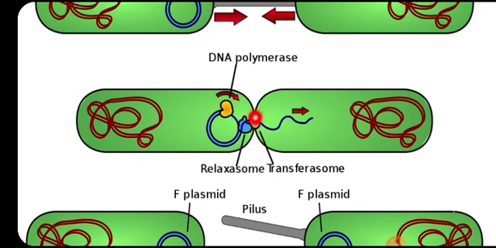After coming closer, at a particular point the cell wall envelope dissolves and it leads to formation of a conjugation bridge. Now one strand of this double stranded DNA enters through this conjugation bridge into the cytoplasm of the recipient cell.